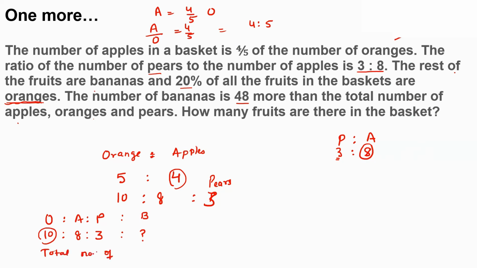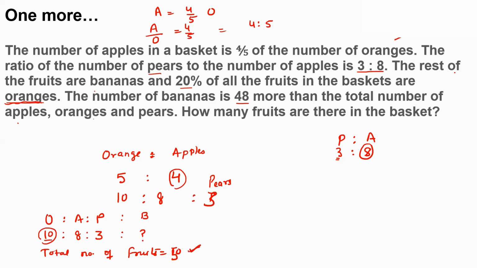Correct? Because 10 is 20% of 50. Right? 10 is 20% of 50. Okay. So the total number of fruits will be 50.